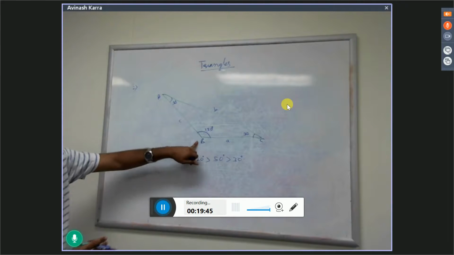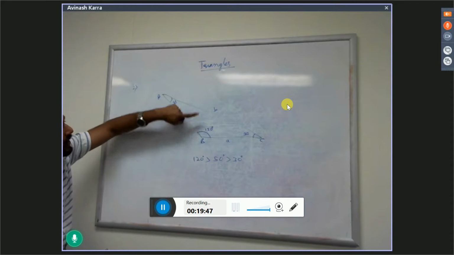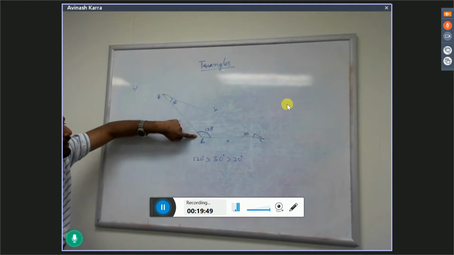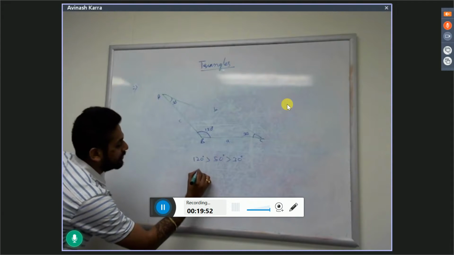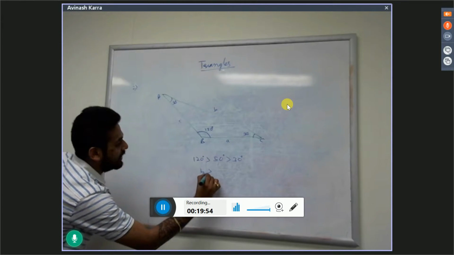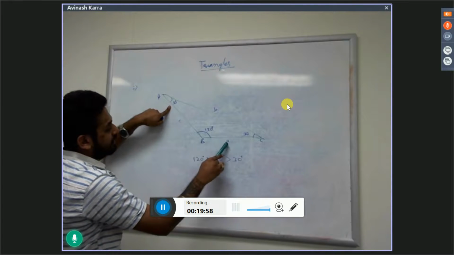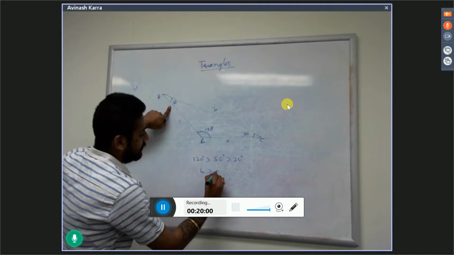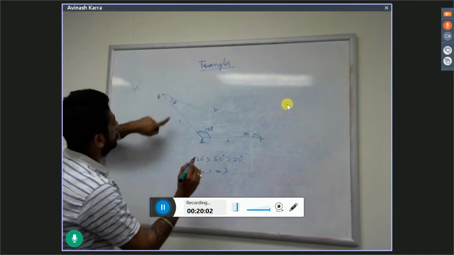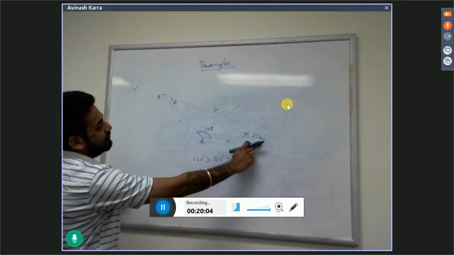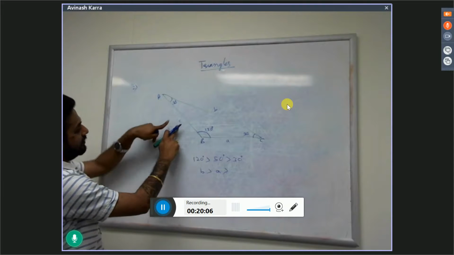So definitely the corresponding side of angle B, which is B, is greater than, what is the corresponding side of angle A, 50 degrees? Small a will be greater than, what is the corresponding side of angle C? Small c.